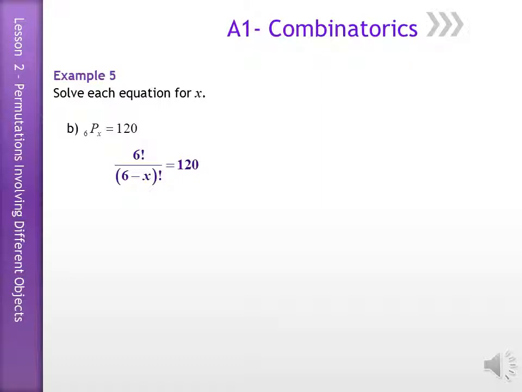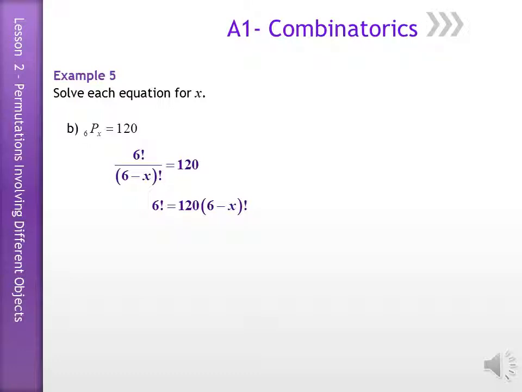And we can think of the 120 as being 120 over 1, and we can actually cross multiply here. So if we do 6 factorial times 1, we just have 6 factorial equals, cross multiply the other two, 120 times 6 minus x factorial.